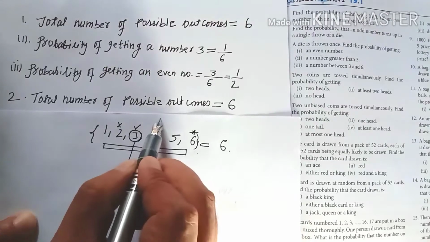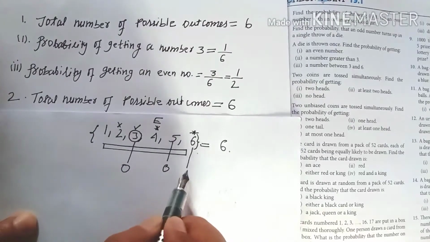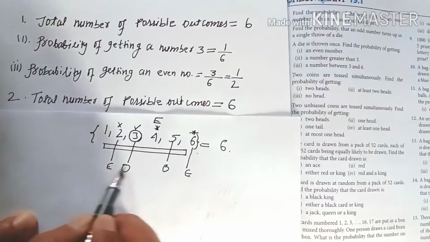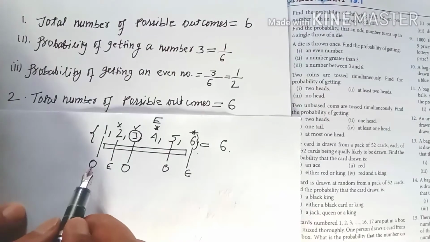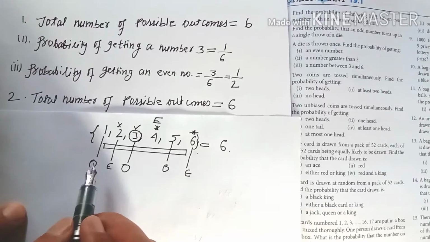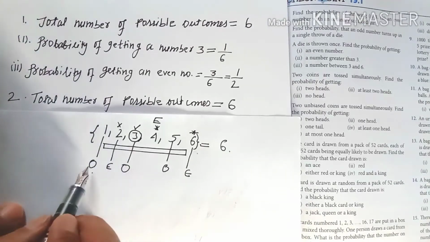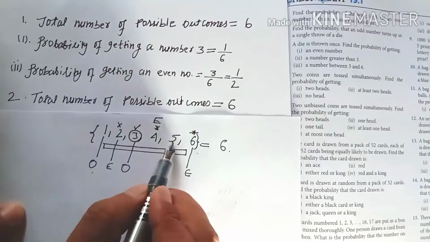Again 2 is an even number. 5 is an odd number. 6 is an even number. Likewise 2 is an even number. Then 1 is an odd number. So here you have to find the probability that an odd number turns up in a single throw of a dice. We get 3 odd numbers, they are 1, 3 and 5.